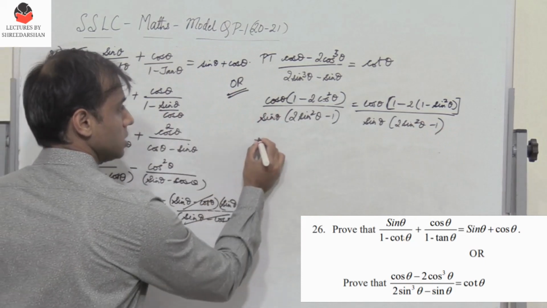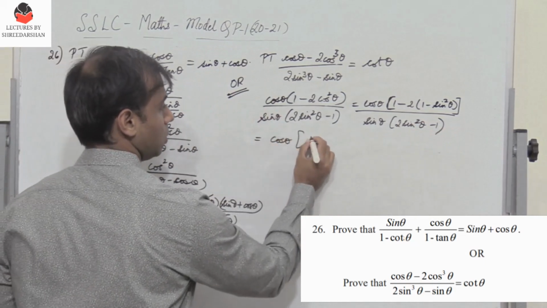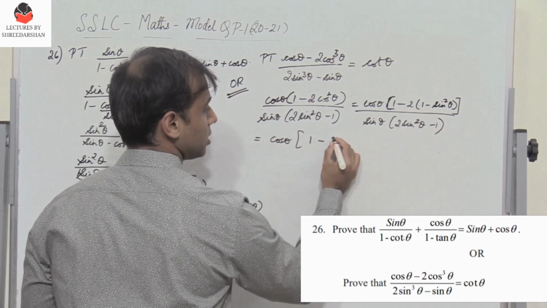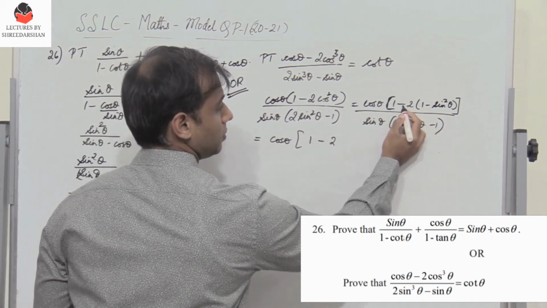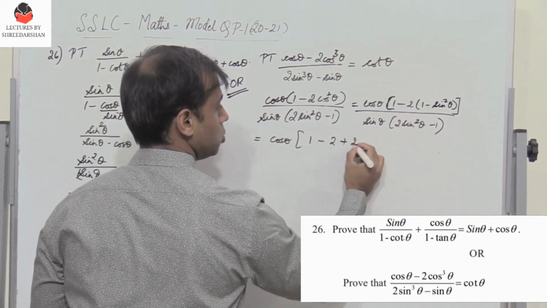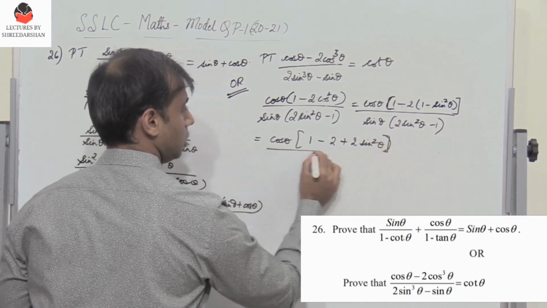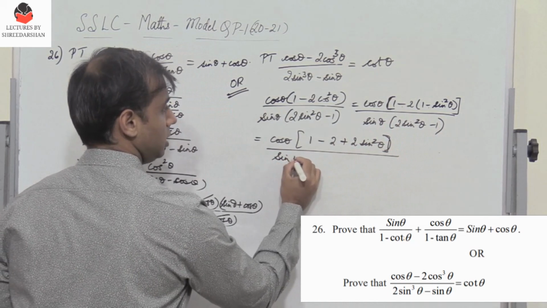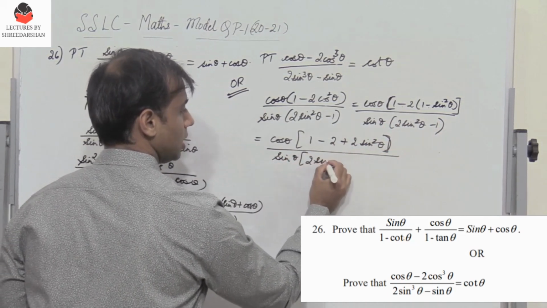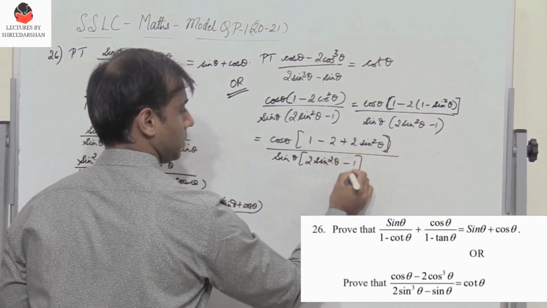So now what happens? I get cos theta into 1 minus, so if I remove the brackets, 2, and then I have minus 2 into minus, I get plus 2 sine square theta, divided by sine theta into 2 sine square theta minus 1.